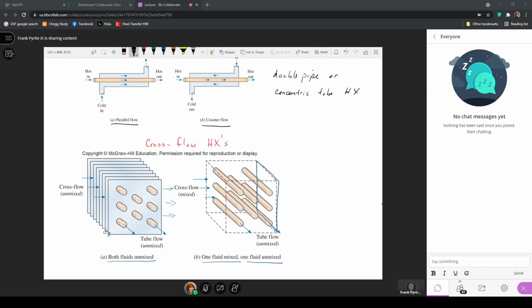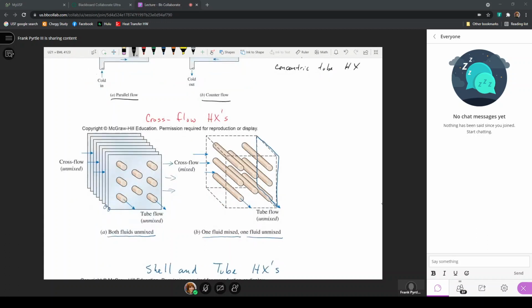And because the other fluid that moves over the tubes is confined to spaces in between those fins, it will be considered an unmixed flow arrangement for both the cross flow and the tube flow here.